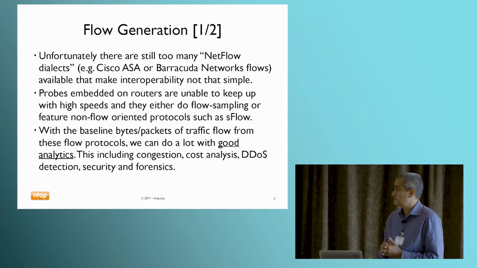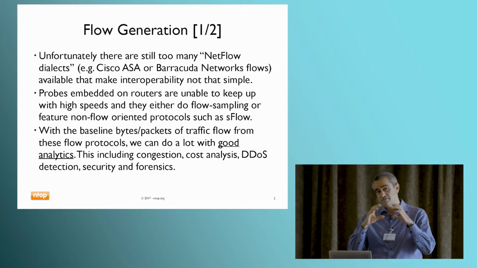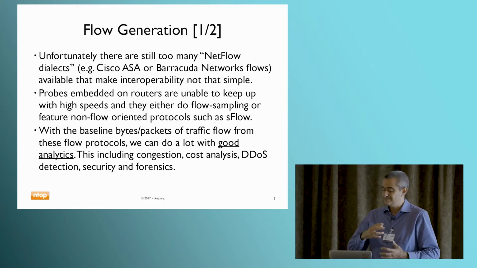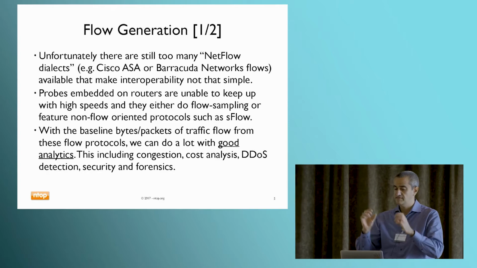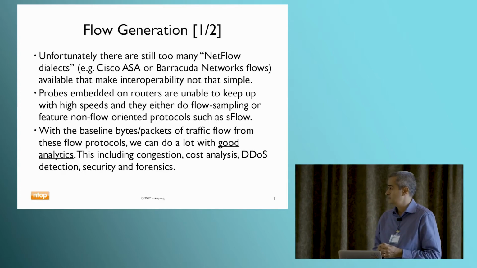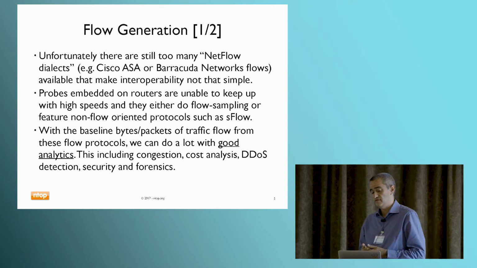And Cisco ESA is a good example. The flows they produce are called flows, but they are somehow special in content. And they change from one model to another. There are tiny differences that make them hard to analyze. So therefore, we see that there is a problem, and this is the problem we try to solve.